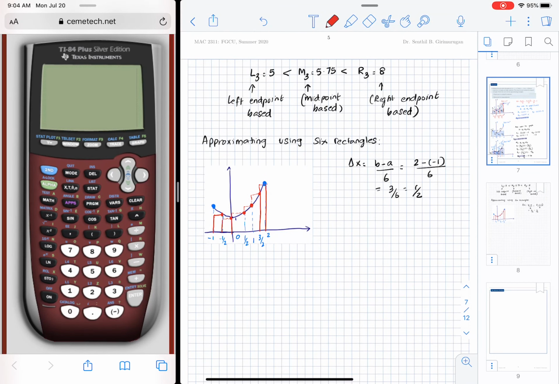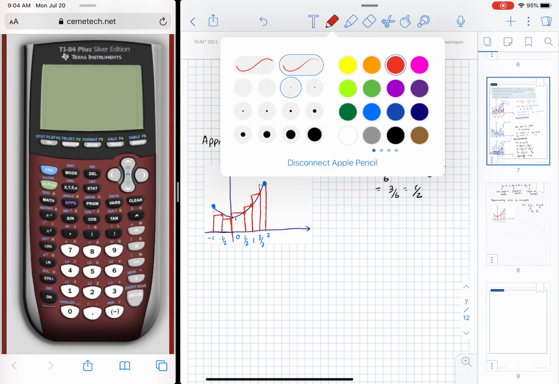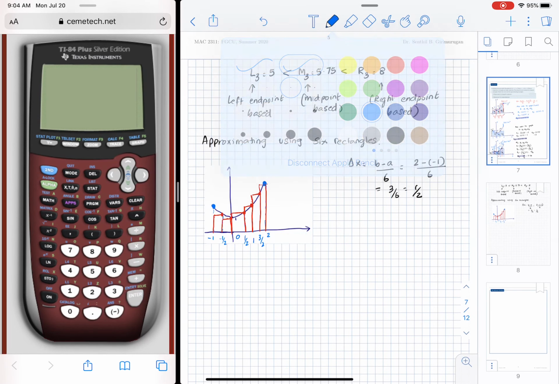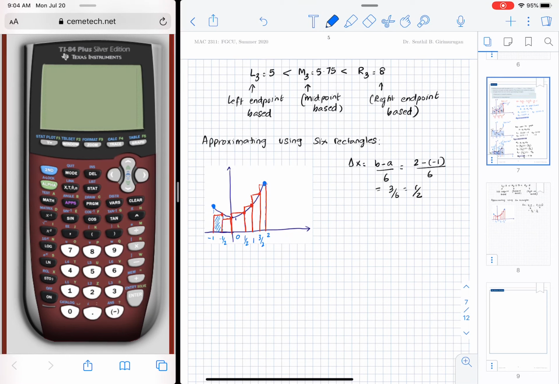So we have rectangle 1, 2, 3, 4, 5, and 6. So I'll call this A1, A2, A3, A4, A5, A6.